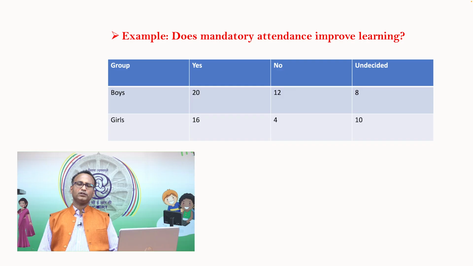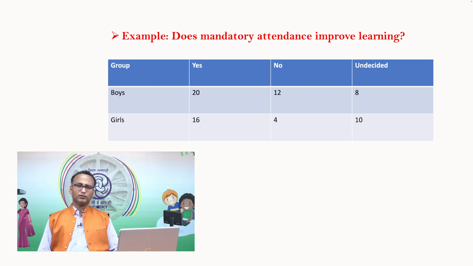Let me give you one example here. This is a kind of research situation where there is a possibility of using chi-square. Suppose you ask one question: does mandatory attendance of students improve learning?